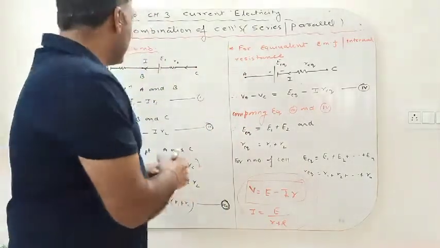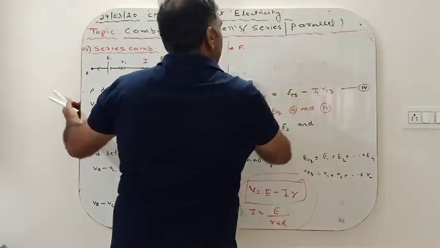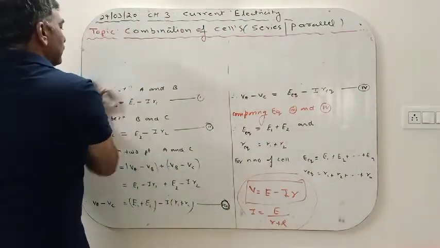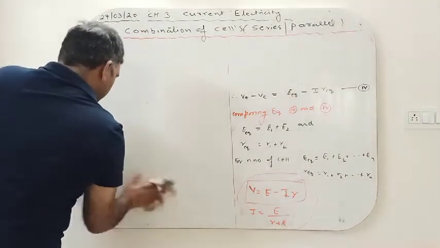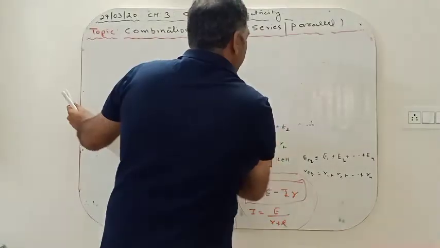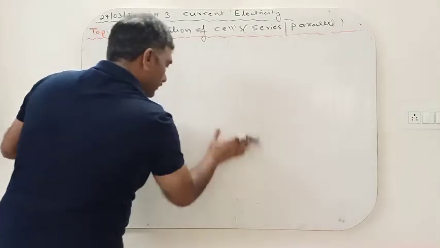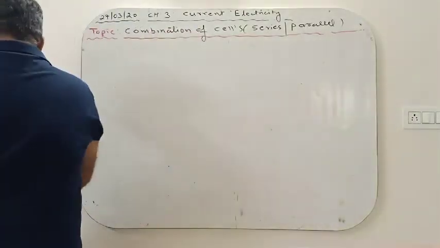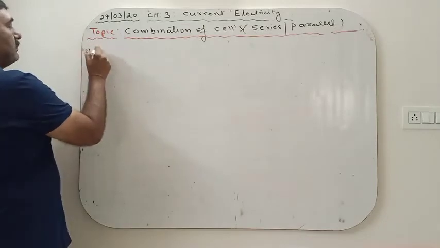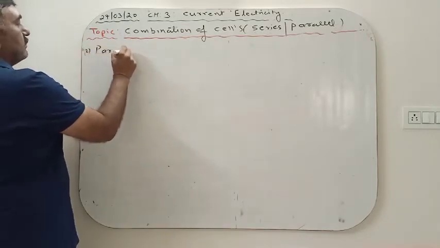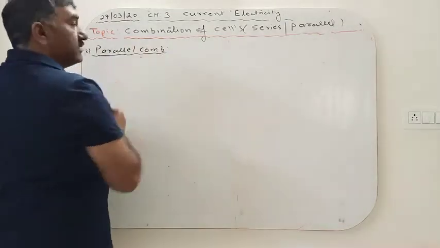Now we are going to discuss parallel combination. The second part is parallel combination of two cells.